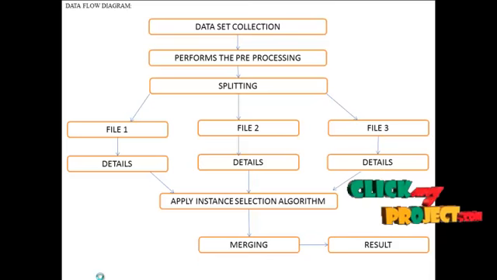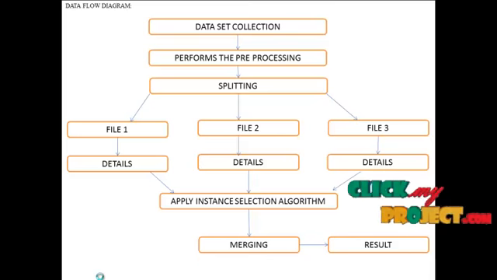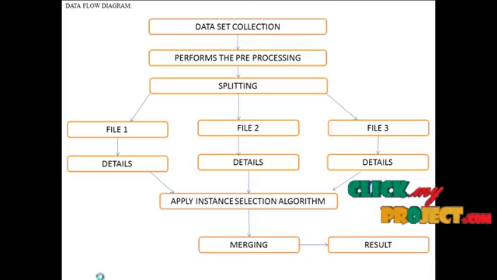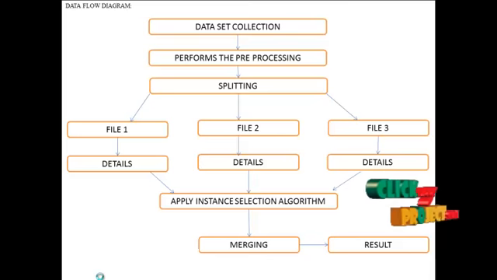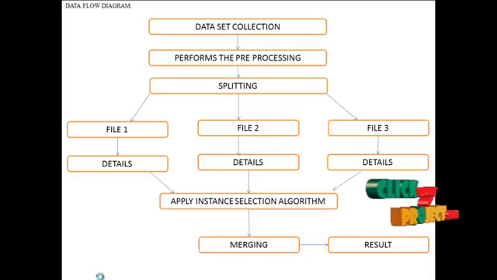In our splitting process, our large file is split into small files. This process makes it easier to run our instance selection algorithm. So the given file is split into file 1, file 2, file 3, and we can view the details of each file. After splitting, the files are given to the instance selection algorithm.